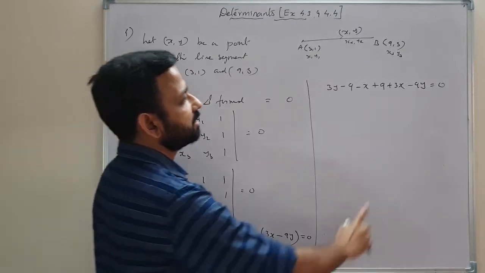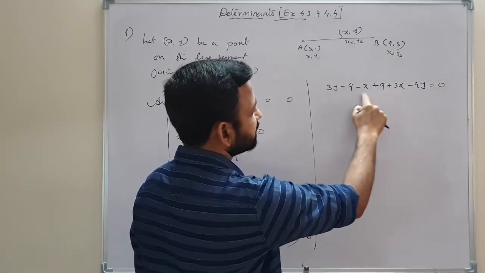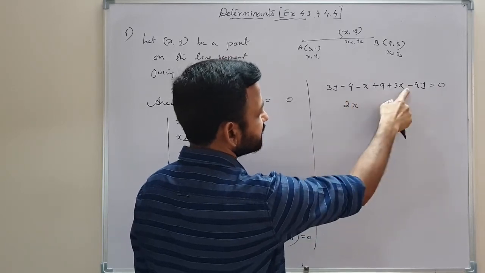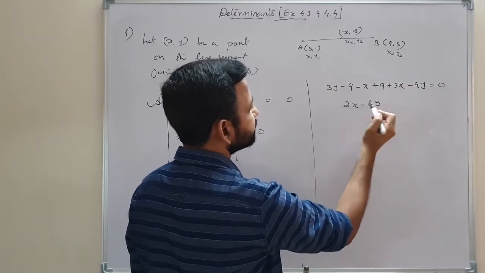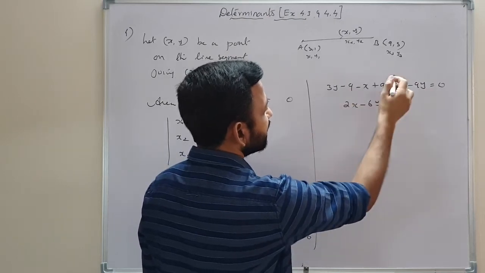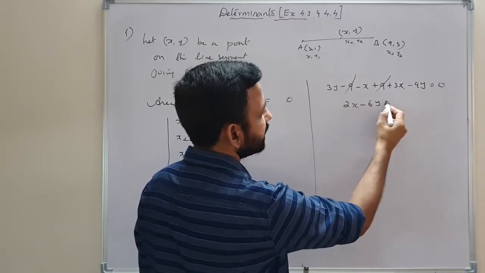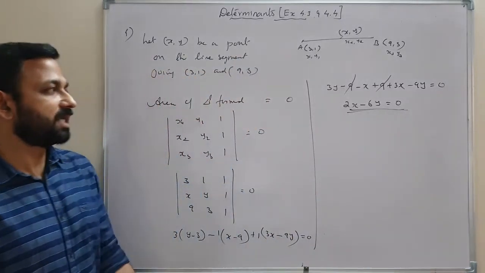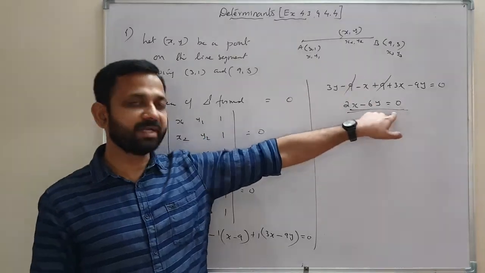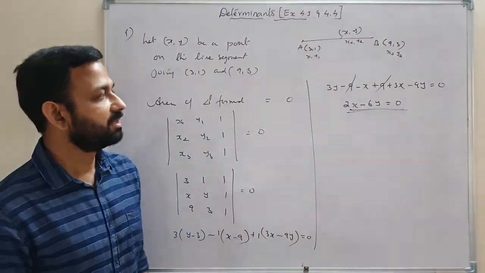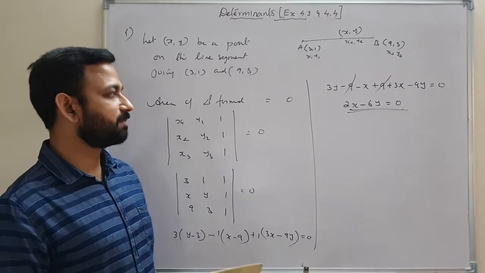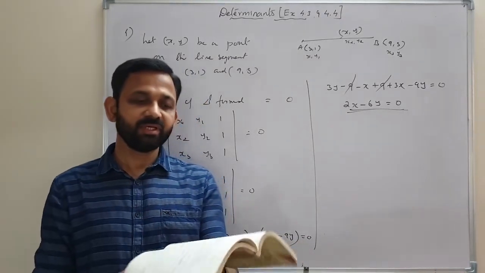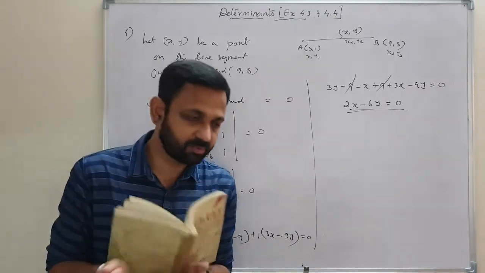Now we simplify: 3x minus x is 2x, 3y minus 9y is minus 6y, and minus 9 and plus 9 cancel, equal to 0. So this is the equation of the line joining (3, 1) and (9, 3). It is a linear equation with two variables: 2x minus 6y equal to 0. Similarly we can do the rest of the similar type questions.